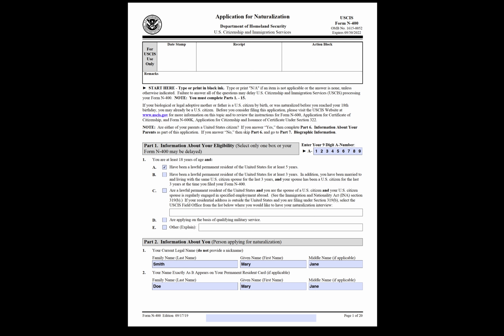So we go A, B, now C. Are you a lawful permanent resident of the United States, and you're a spouse of a U.S. citizen, and your U.S. citizen spouse is regularly engaged in specified employment abroad, and maybe you even reside abroad. Let me talk a little more about this. This type of question is geared towards someone that hasn't lived in the U.S. for the last 3 or 5 years, depending on whether you were married to a U.S. citizen spouse or not.